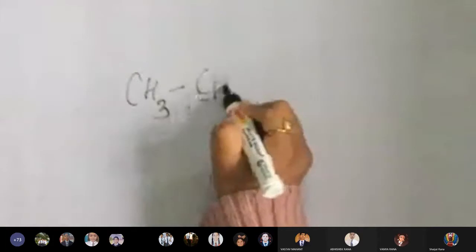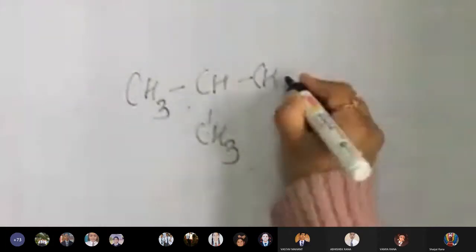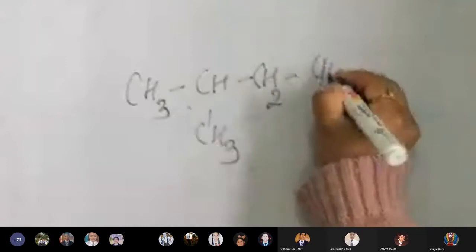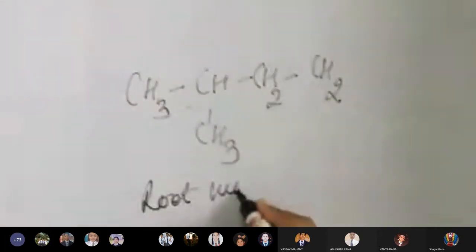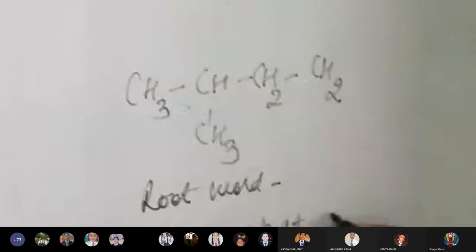Shashwat, wait a minute, I'll come back to you to ask what answer you got. In the second part you have to do 194 CH2. You have to tell me the actual numbering, how many carbon atoms, and two things: what the root word will be and at what carbon the extra group will be present.